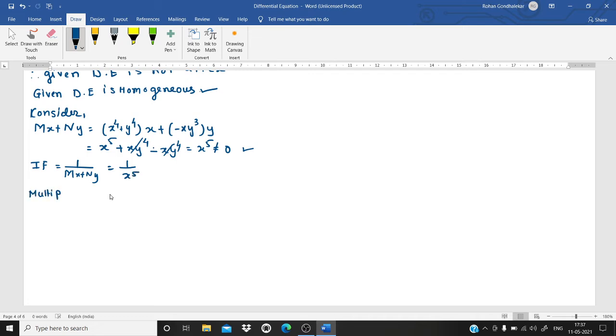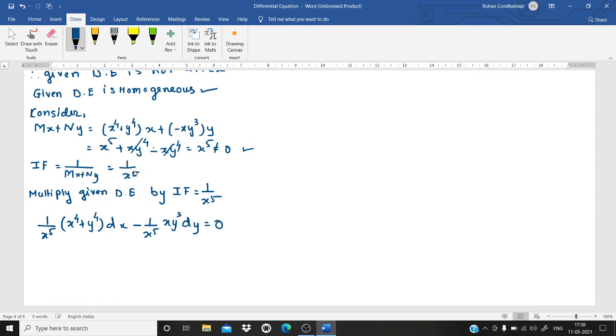Multiply the given differential equation by the integrating factor 1 upon x raised to 5. So we get 1 upon x raised to 5 into bracket x raised to 4 plus y raised to 4 into dx minus x into y cube dy is equal to 0.